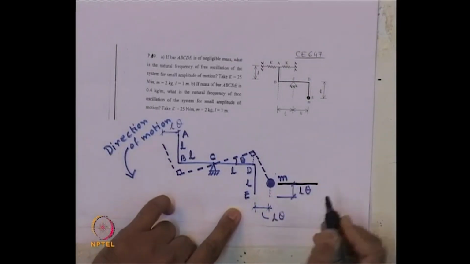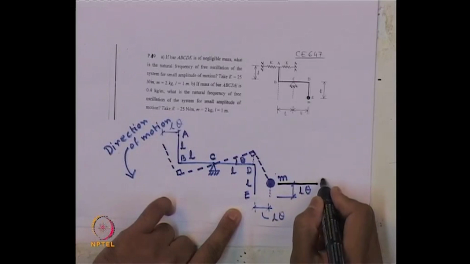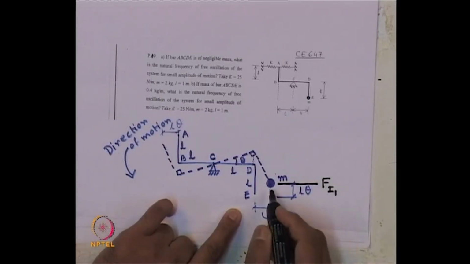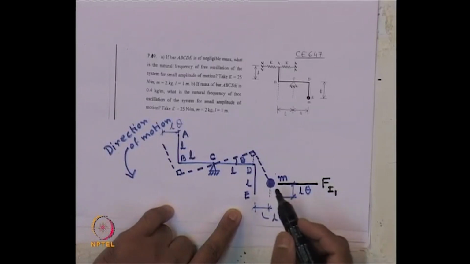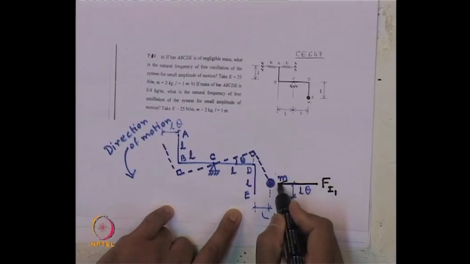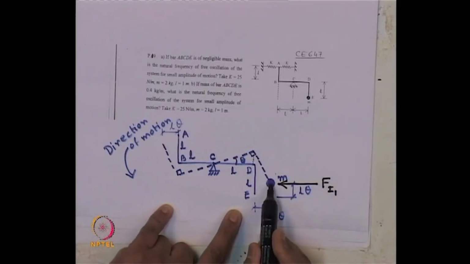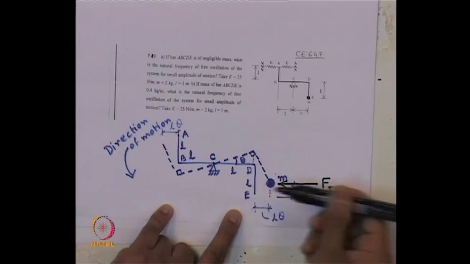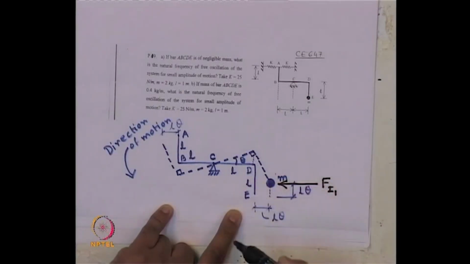The horizontal inertia force, say F I 1, will act in the direction from right to left. Why? Because the bob will try to go back to its original position. So, the inertia force will try to bring it back to its original position.